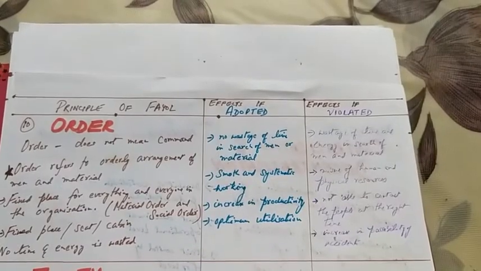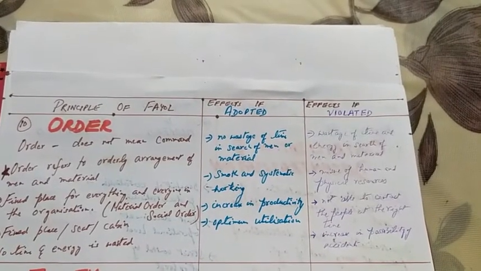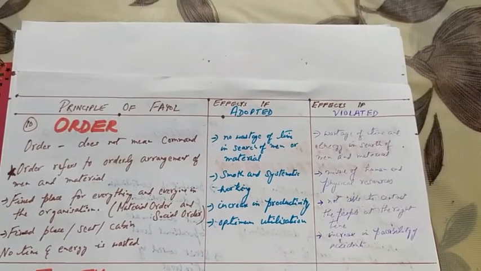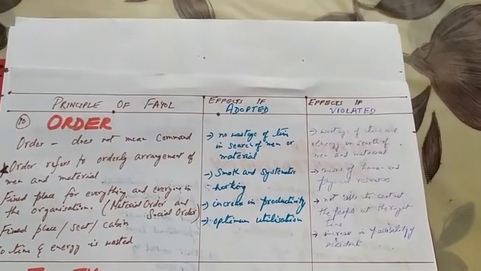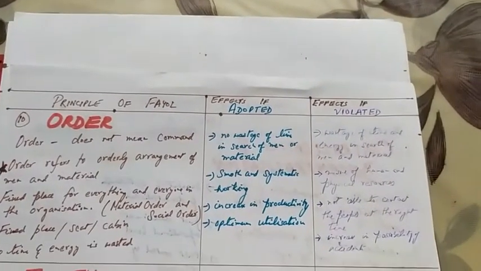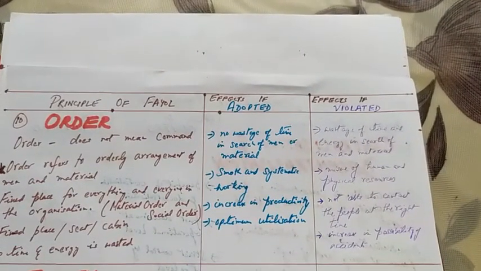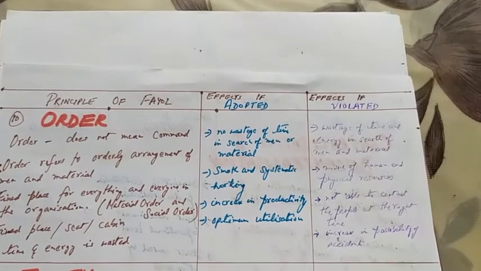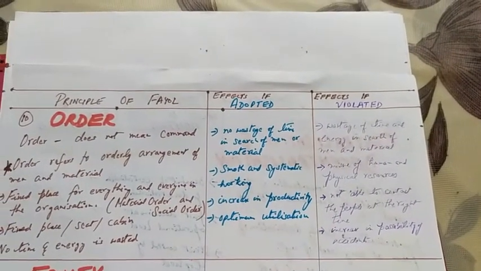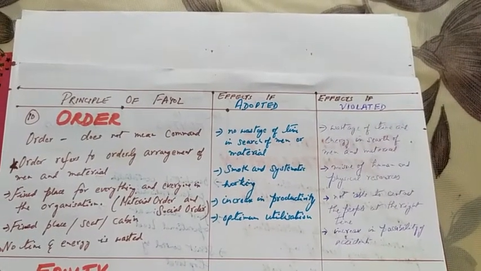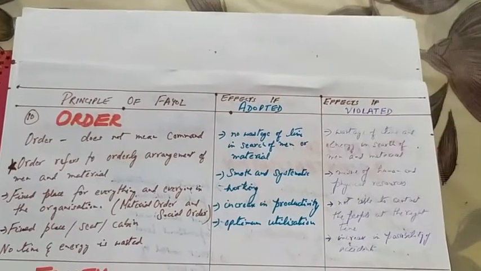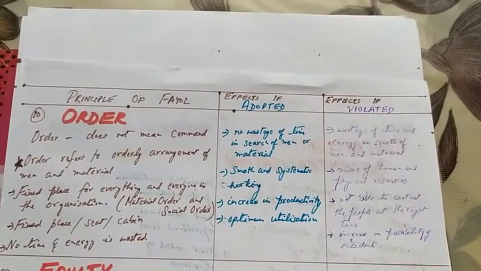So when order is followed in an organization, it will save a lot of time and energy. There will be no wastage of time and energy once the principle of order is followed. Like if a worker is in need of a tool, he has to know from where or which box he will find the tool. He need not consult his supervisor or bother his immediate head all the time to search for the tools.